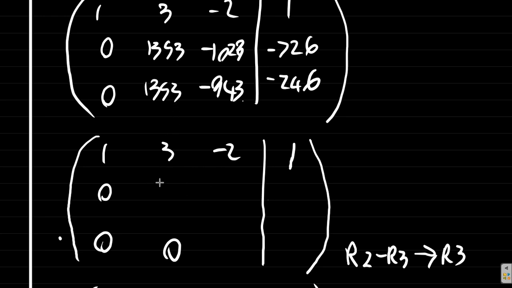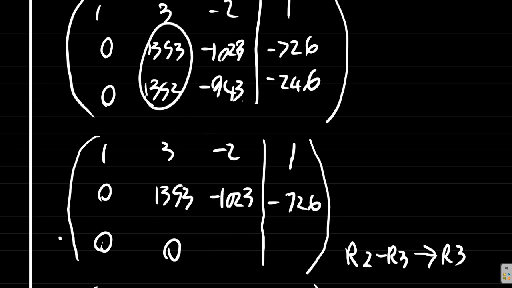Alright, so write our row 2, 1353 minus 1023 minus 726. Then 1353 minus 1353, that's 0. Then negative 1023 minus negative 943, which is the same as plus 943, will give us negative 80.